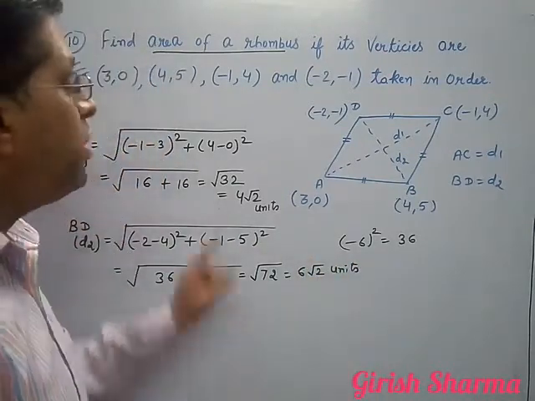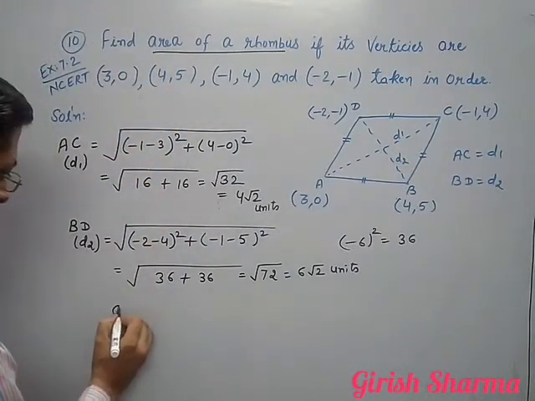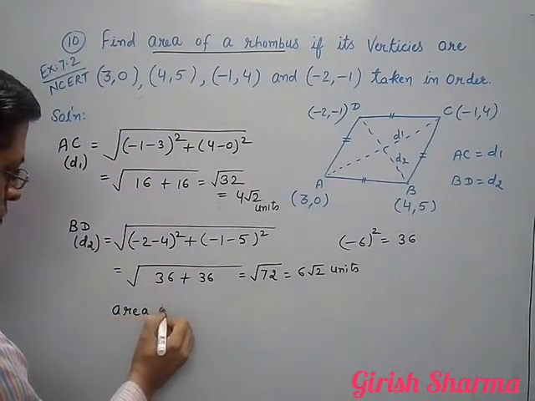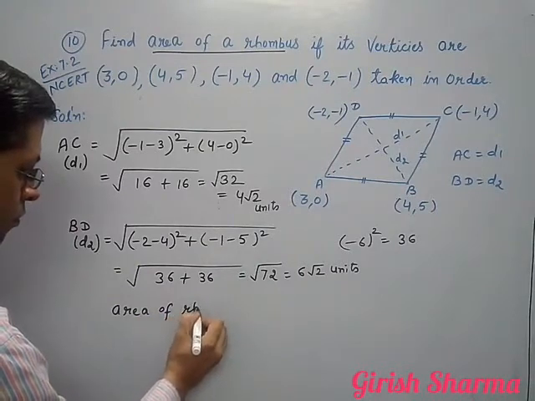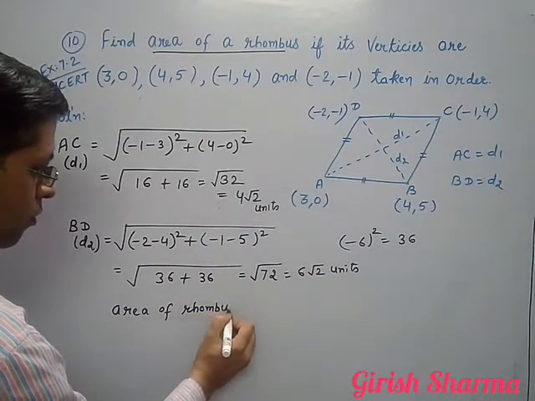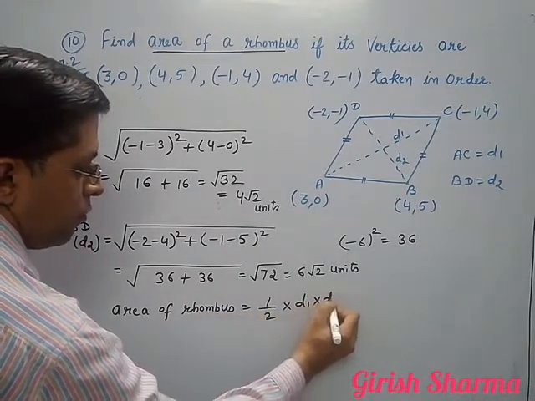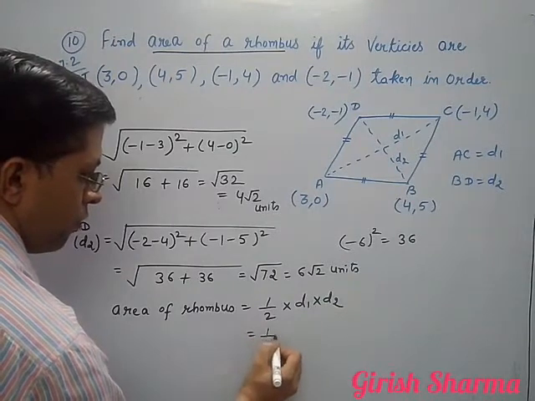But ultimately what do I have to find out? The area of the rhombus, write down. Half d1 into d2. Half.